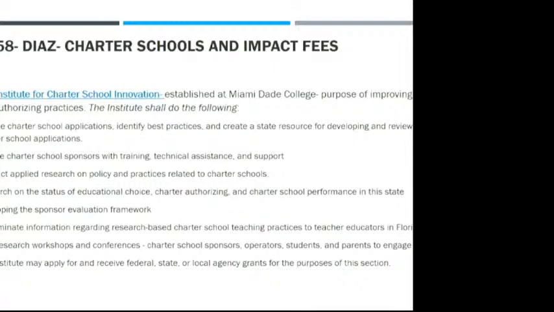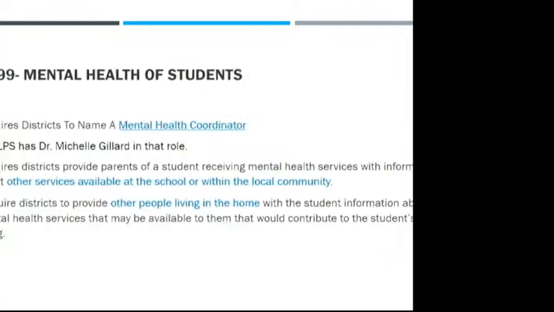In a nutshell, this will be where the university will provide training to that group that we mentioned a few minutes ago, the review board, and also they'll do research, they'll host conferences and workshops all around charter schools. So those are the highlights of that bill.